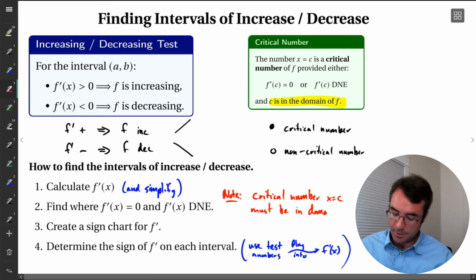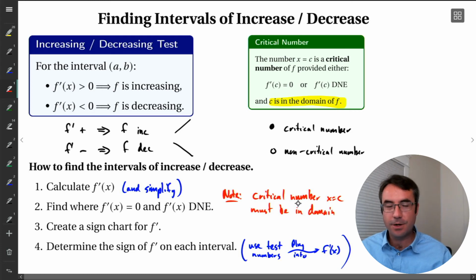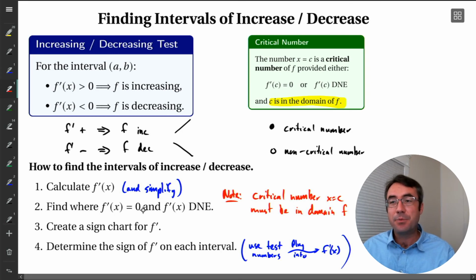For it to be called a critical number, this is more of a semantics type definition, but there is some weight behind it. When we're finding these places where the derivative is 0 and where the derivative is undefined, those are potential critical numbers, but there's one extra condition.